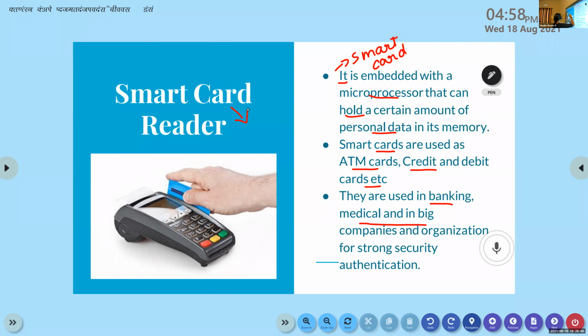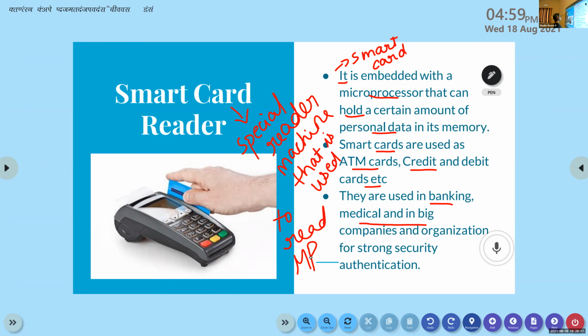It is a special reader machine which is used for reading the microprocessor.